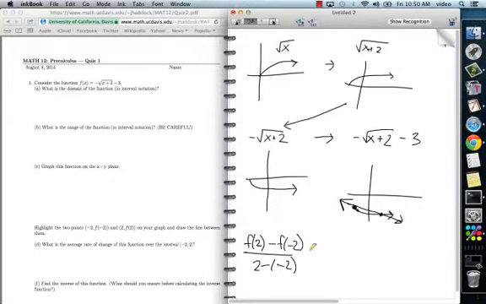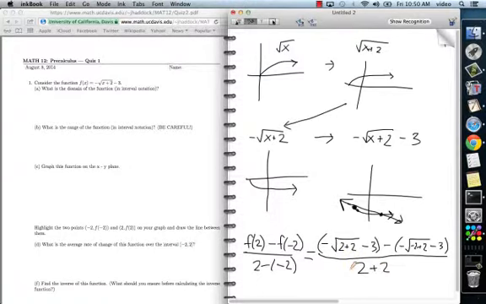Okay. Now f of 2 is, let's see, negative the square root of 2 plus 2 minus 3. That's f of 2 minus f of -2, which is negative the square root of -2 plus 2 minus 3, all over 2 minus -2, which is 2 plus 2.